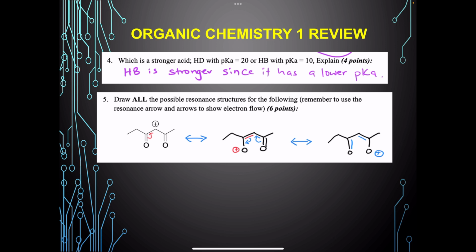Actually, it's electron poor. And in this case, the electrons are going to flow from either of the carbon-oxygen double bonds towards the carbon with a positive charge. So I chose the left-hand side carbonyl, carbon-oxygen double bond, and then moved one of the bond electrons, which is actually 2 electrons, and that moves to form a double bond between that carbon that was originally the carbonyl carbon and the positively charged carbon.